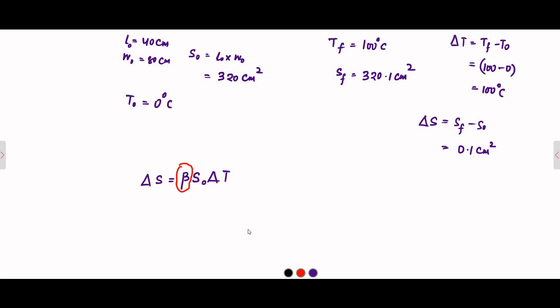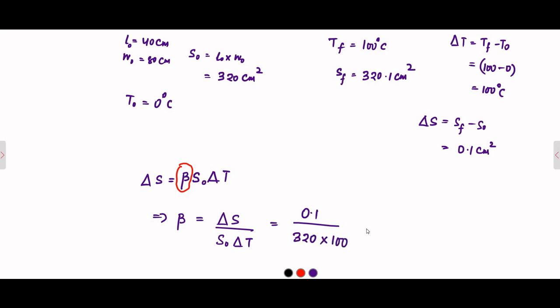That implies beta is equal to delta S by S0 delta T. Here the change in surface area is equal to 0.1, initial surface area is equal to 320, and the change in temperature delta T is equal to 100.